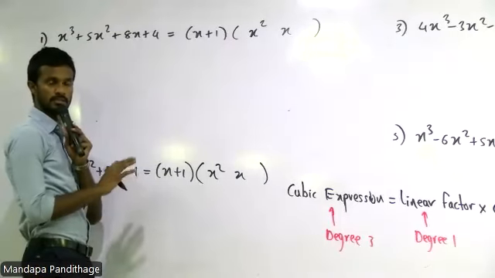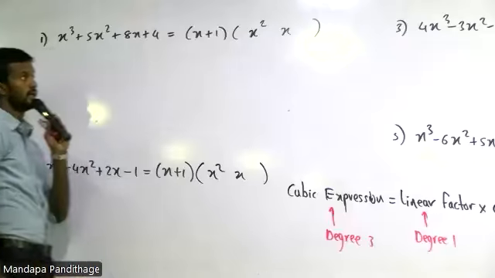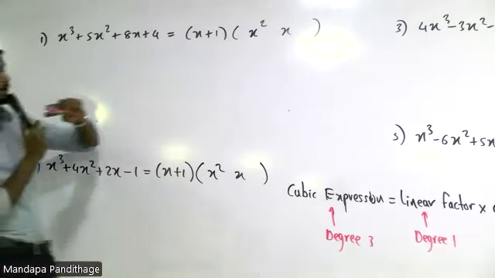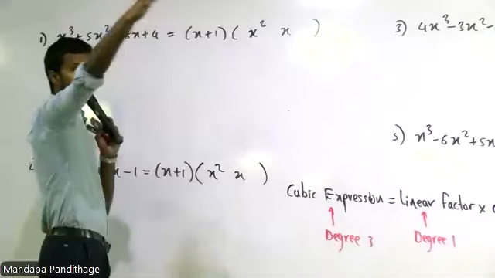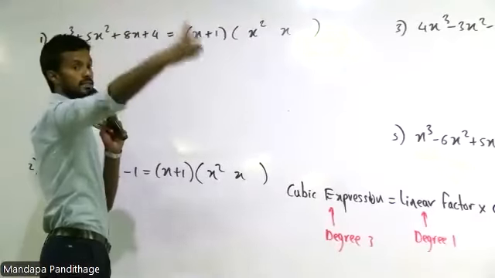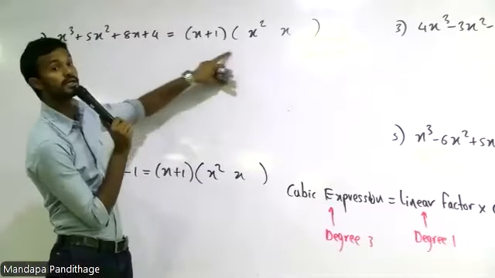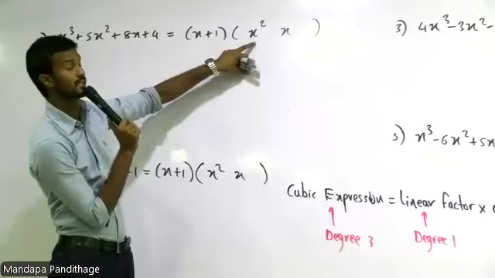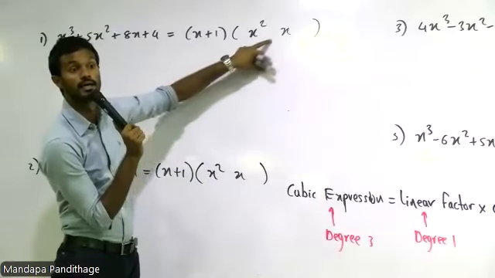Hands up if this is clear up to this part. Okay, now look at this. Starting from this side, then again this side, you have to repeat. When we multiply these two terms, what do I get? X cube. These two terms? X squared.